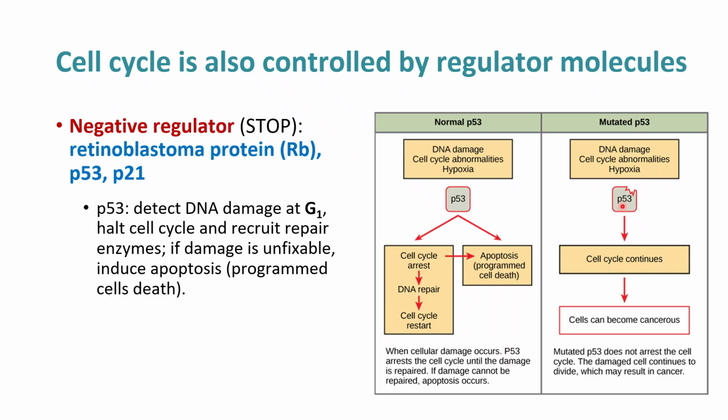However, if your P53 is mutated, right, it won't recognize that there's that DNA damage, and the cell cycle is just going to continue. And if the cell cycle is continuing and continuing to duplicate mutated DNA, mutated P53, etc., that's when cells can become cancerous. That's essentially what cancer is. It's unregulated cell division.